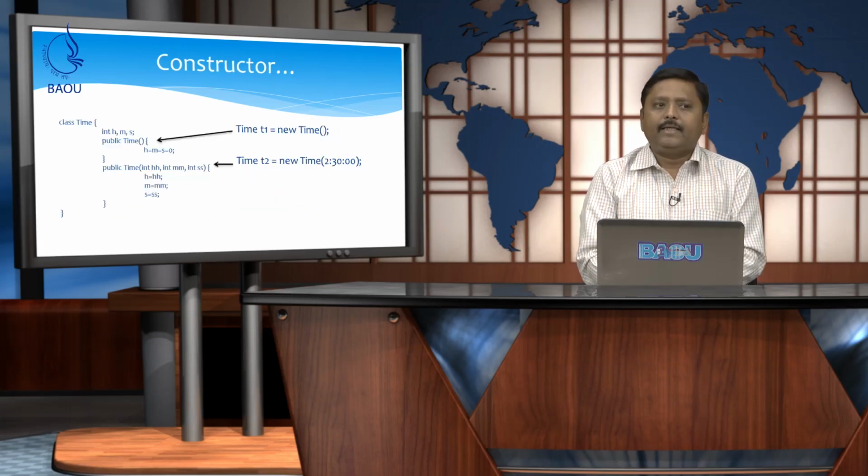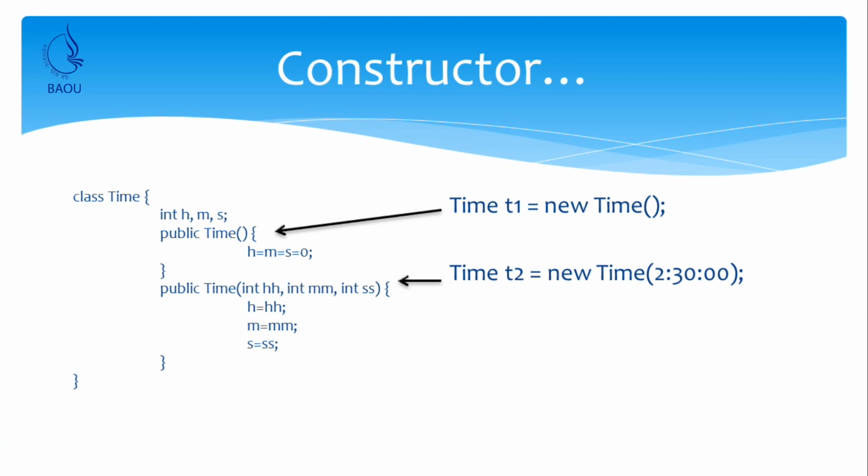Now, we take one example so that you can understand better. Here we have a class with the name Time, and it has 3 instance variables: h represents hour, m represents minutes and s represents second. And here I write down one constructor with no argument, which is also known as a default constructor.